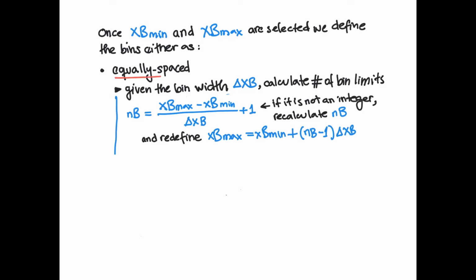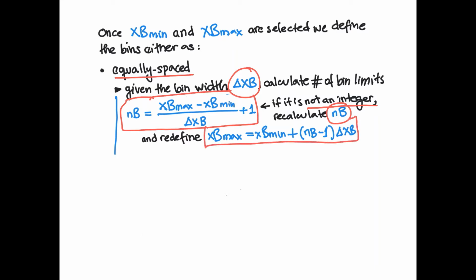We could have them equally spaced, in which case we can give the bin width and then calculate the number of bin limits as XB maximum minus XB minimum over delta XB plus 1. It is possible that this number not be an integer, in which case we'll have to select a new MB close to an integer value, and then recalculate the upper limit in this fashion.